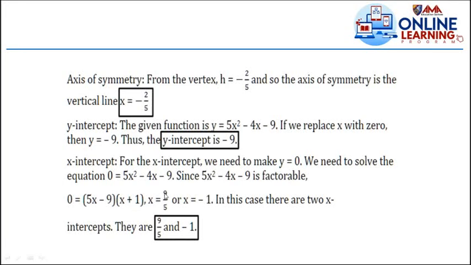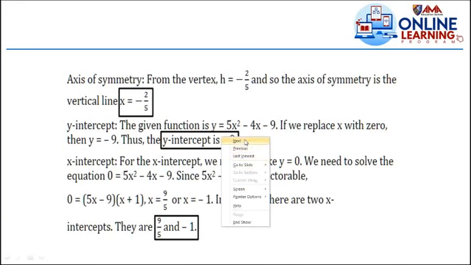So, x is equal to 9 all over 5 or x is equal to -1. In this case, there are two x-intercepts. They are 9 all over 5 and -1.